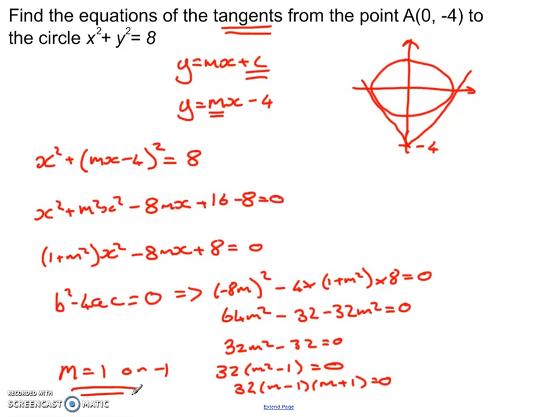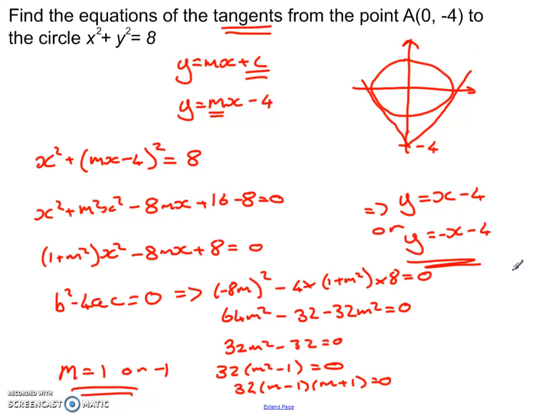So I can use both of these to get my two equations, one equation here and one equation here. What I can then say is therefore y equals x minus 4 or y equals negative x minus 4. The one here is negative x minus 4, it's coming down this way. This one here going up this way is x minus 4.